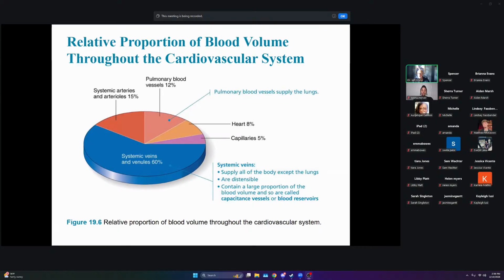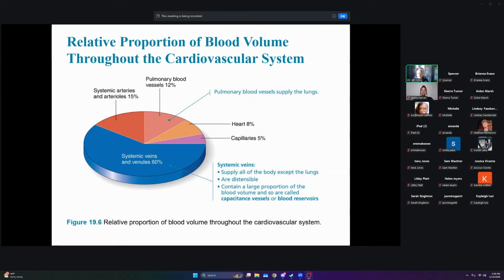About 5% only in the capillaries. And that kind of surprises people a little bit because, again, there's millions of capillaries. However, they're microscopic, so the amount of blood within the capillaries themselves is extremely minimal. In the whole pulmonary circuit, that blood vessel circuit from the pulmonary trunk to the pulmonary arteries to the lungs and back via the pulmonary veins, only roughly 10% of our blood is engaged in gas exchange.